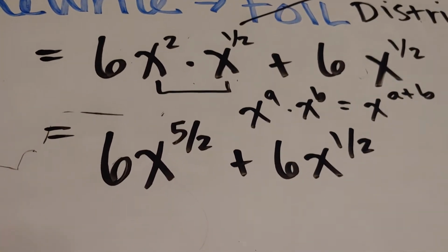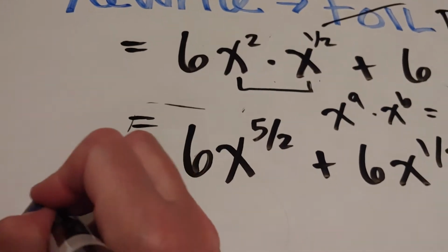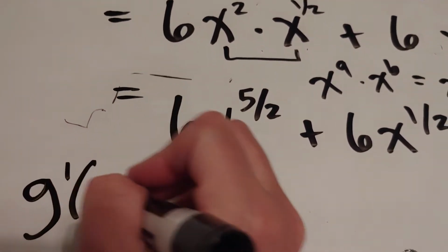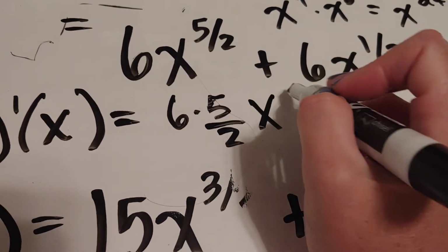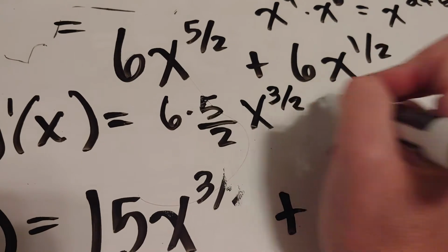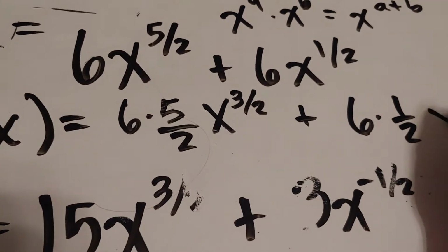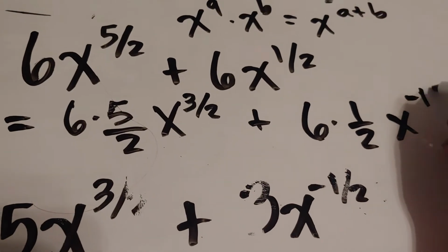All right. Now I'm going to finally take a derivative. So here we go. When I take a derivative, what I'm going to get is 6 times 5/2 x to the, 5/2 minus 1 is 3/2. Then I'm going to have 6 times 1/2 x to the negative 1/2.